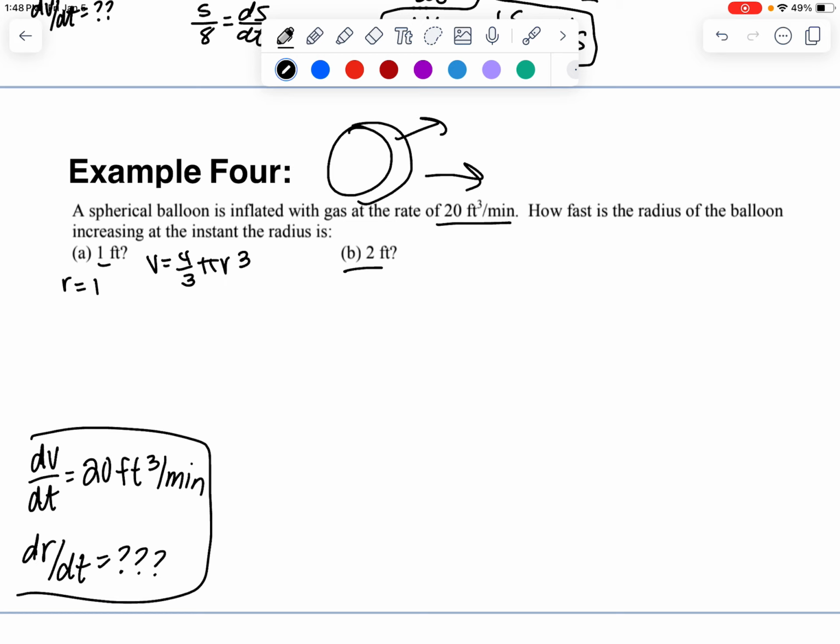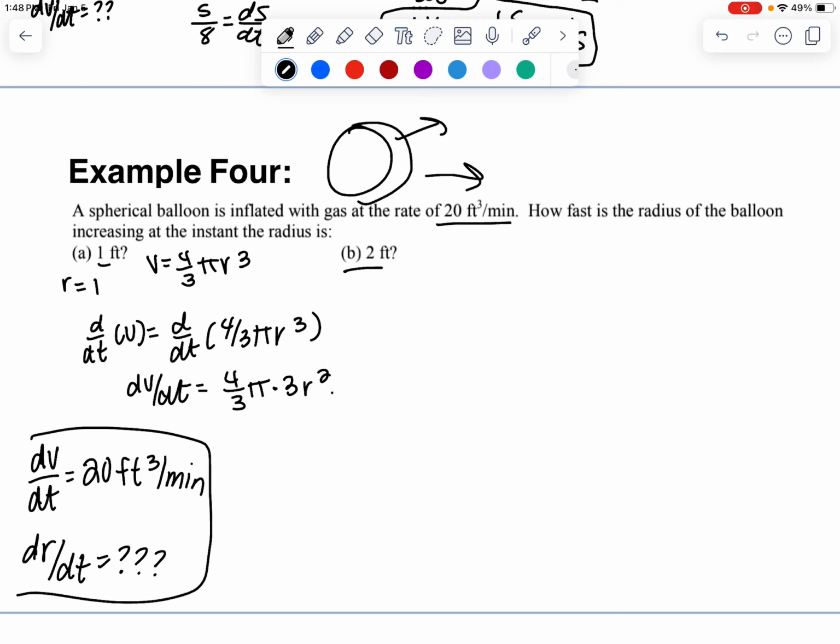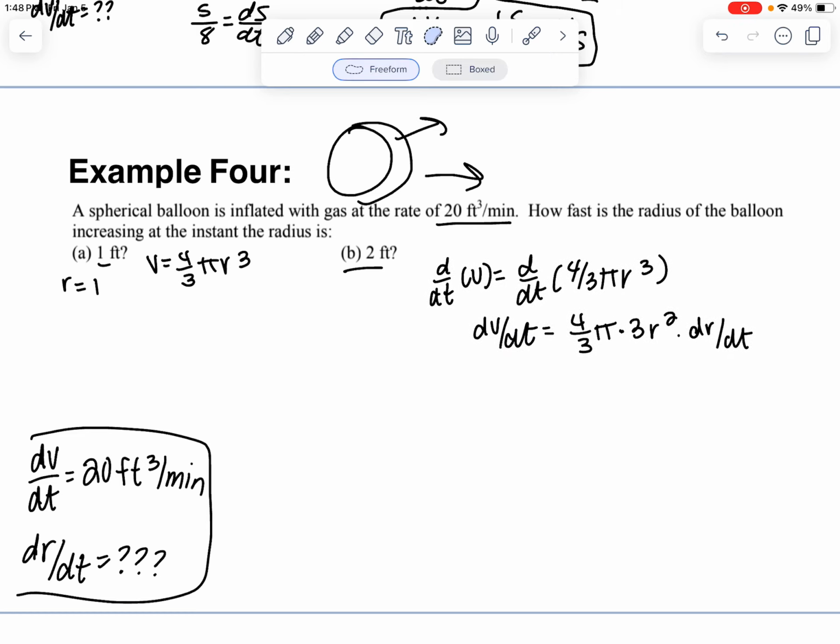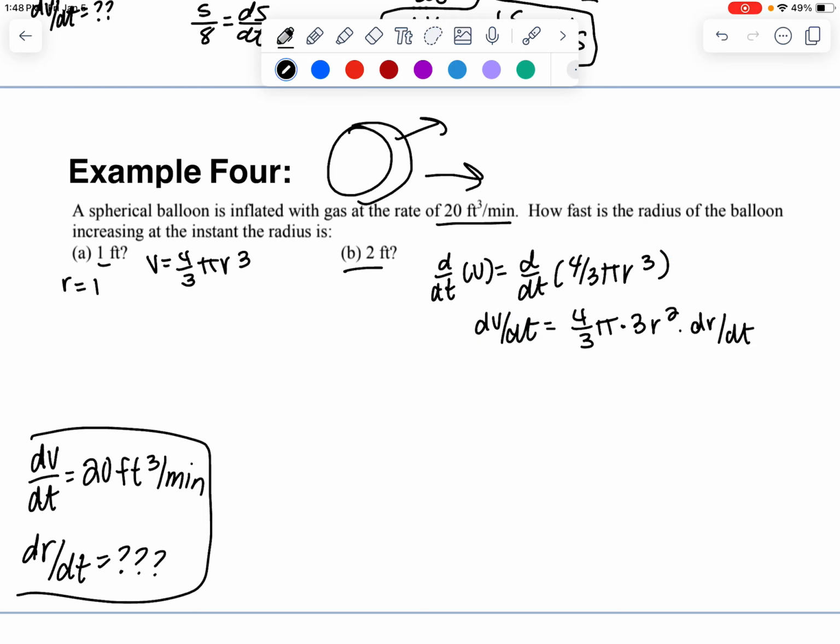To do this process, we only have to take the derivative once. If I take the derivative of both sides, I'll get dV/dt equals 4/3 pi times 3r squared times dr/dt. Let me clean that up real quick.